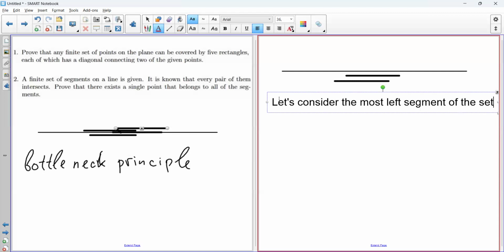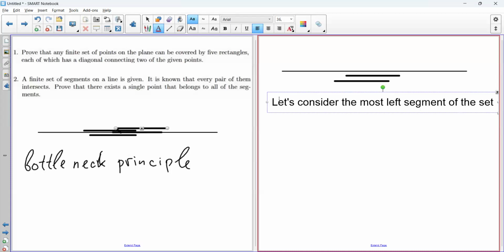So, for example, we may consider as the most left segment the segment with the most left gravity center of all the segments which are represented, right?